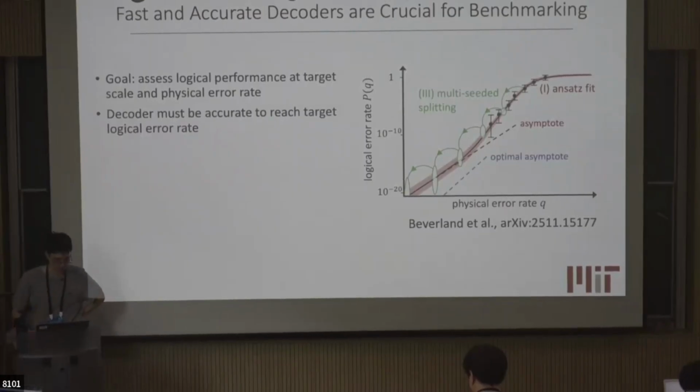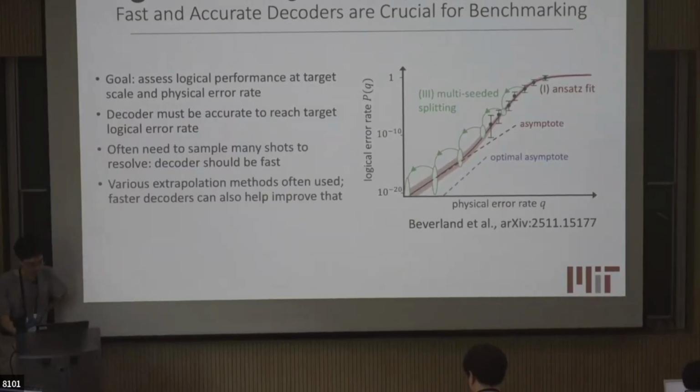The goal here is to really assess the logical performance at the target scale and physical error rates. We want the decoders to be accurate enough to sample many shots. Oftentimes, people use various extrapolation methods, for example, this nice paper from Michael Beverland and others using a bunch of techniques together.